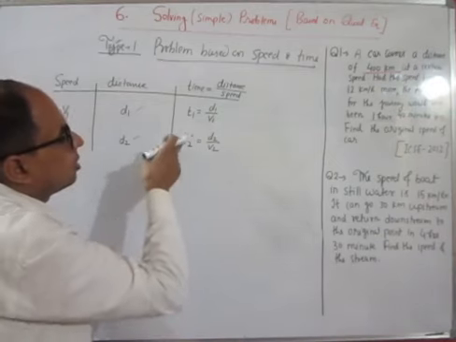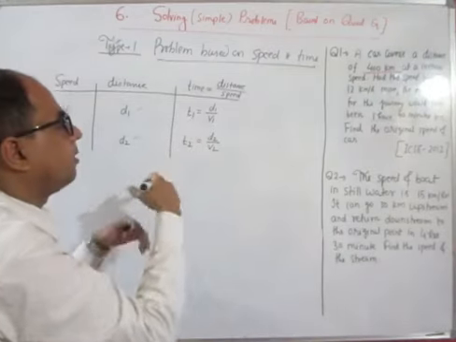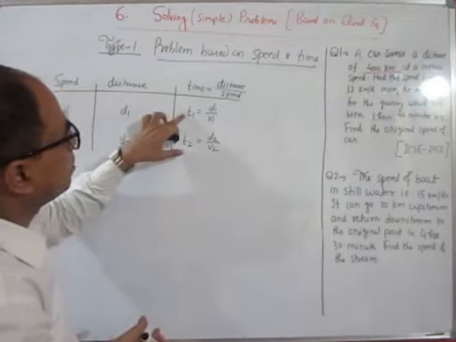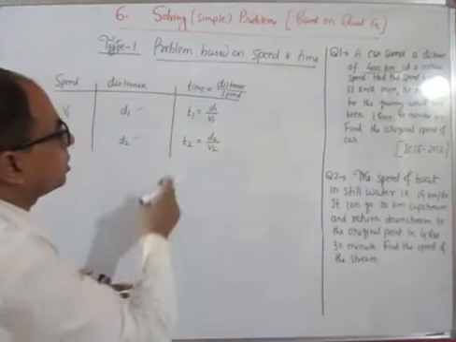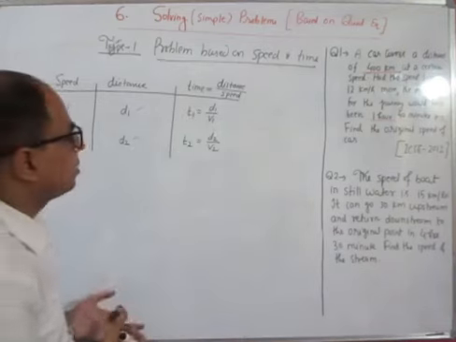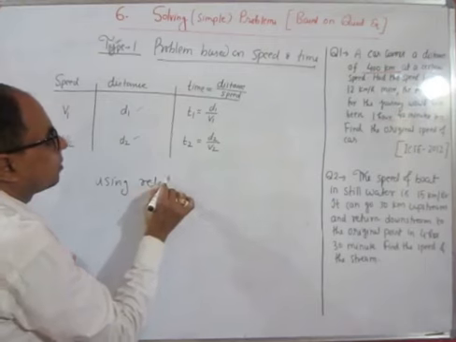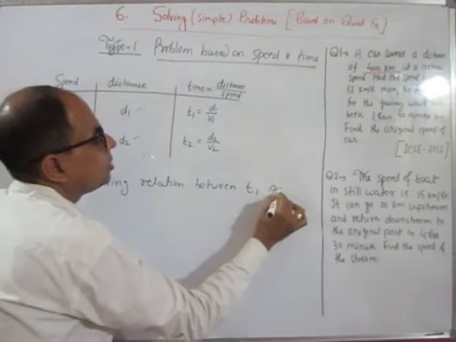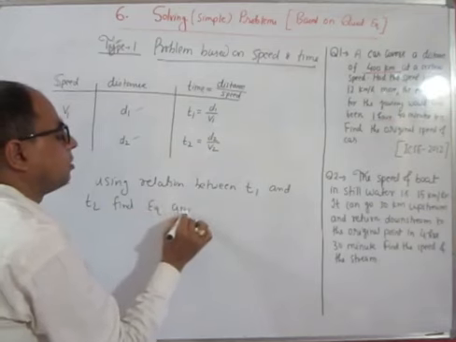Now in the question, the relation between t1 and t2 will be given to you. Either the difference of time or the sum of time will be given. So using that relation between t1 and t2, form an equation and solve it.